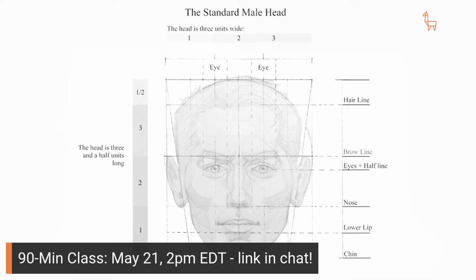Oh, sorry, it's May 21st, not the 22nd. So I'll be beginning by explaining the concept of planes, which you can barely see here, but you can detect some of them, like the cheekbones following a certain plane line.